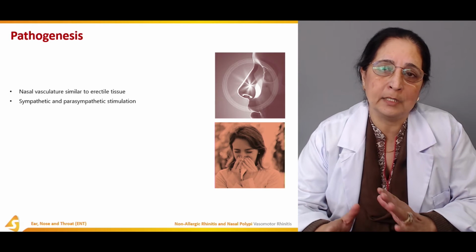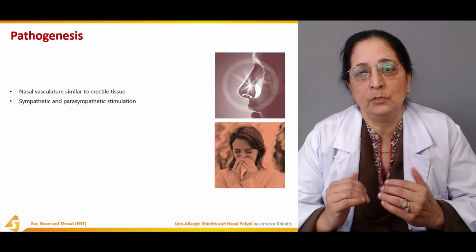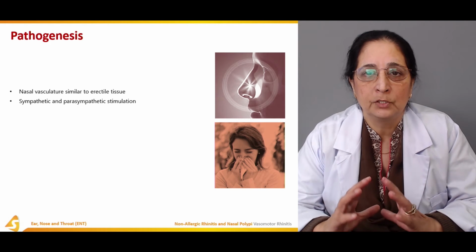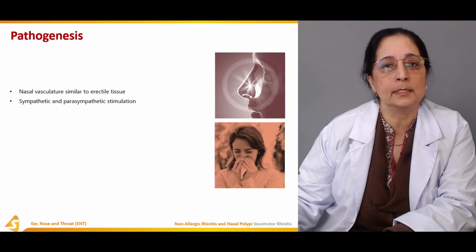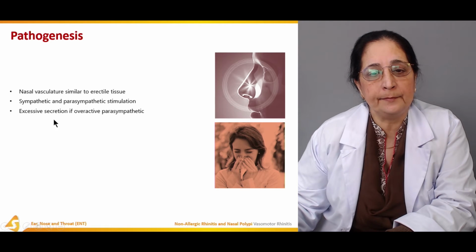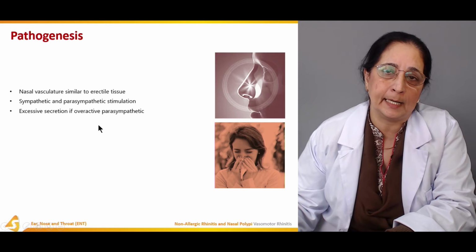So here, as the name shows, vasomotor has to do with the vessels and the vascular system. So sympathetic and parasympathetic stimulation occurs. Then excessive secretion if the parasympathetic is overactive.